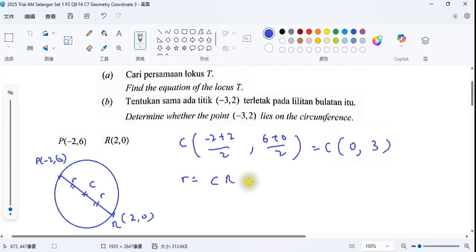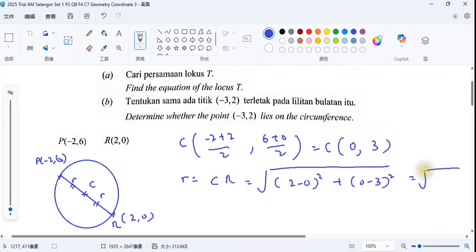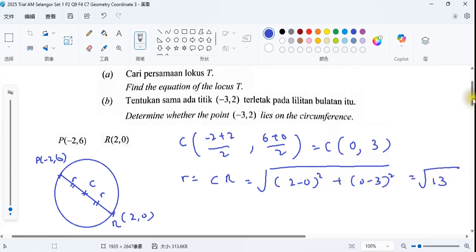I use CR because C is 0, 3 and R is 2, 0. So we have square root of 2 minus 0 squared plus 0 minus 3 squared, so it will be square root of 4 plus 9, square root of 13.